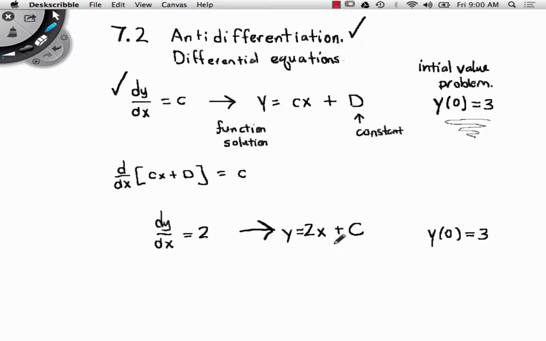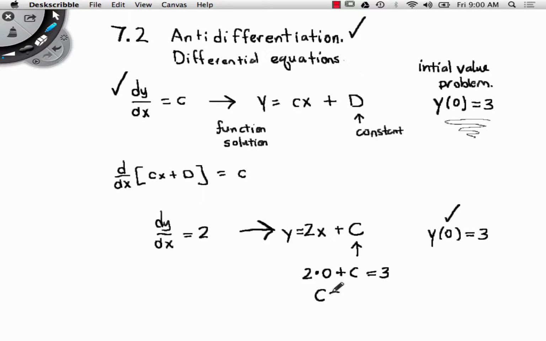What kind of consequences does that have? Y of 0 is 3. Yes. Does that make sense? That's exactly right. So is there any more ambiguity about what C is? No, because I know that 2 times 0 plus C needs to be 3, since this is true.